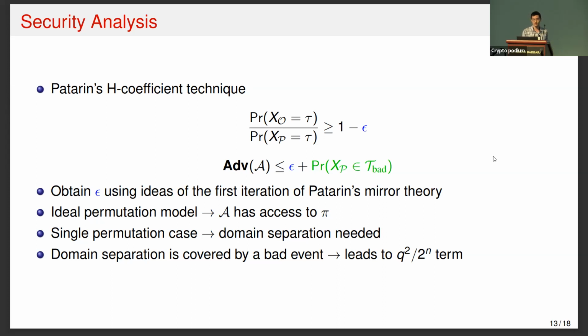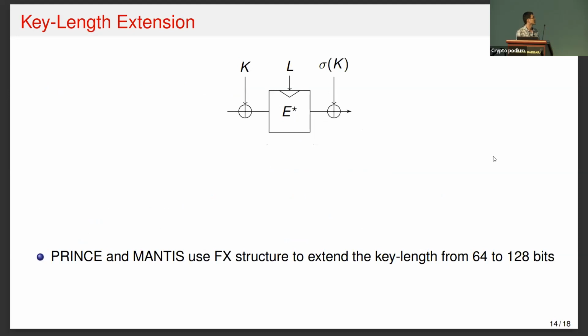So this is our first contribution. Our second contribution is a key extender. First I want to explain the old key extender introduced in the Prince block cipher. They use the FX structure, which is shown here, where they use the external key K to extend the key length from 64 bits to 128.